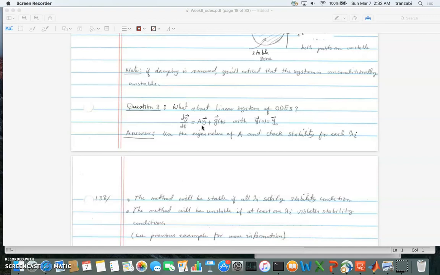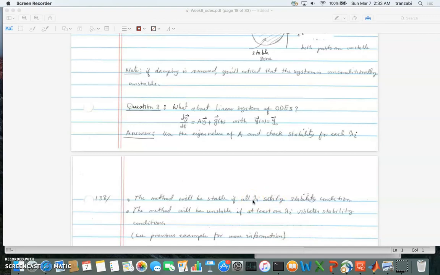But if at least one of the lambdas falls outside the stability region, then the method is going to be unstable anyways. Okay, so for instability, at least one eigenvalue of A needs to be outside the stability region, and for stability, all eigenvalues need to be inside the stability region.